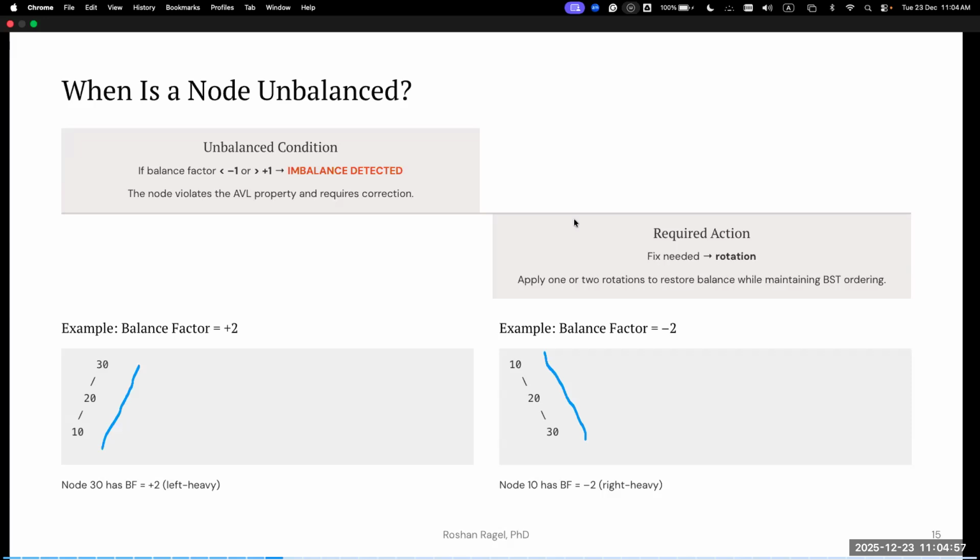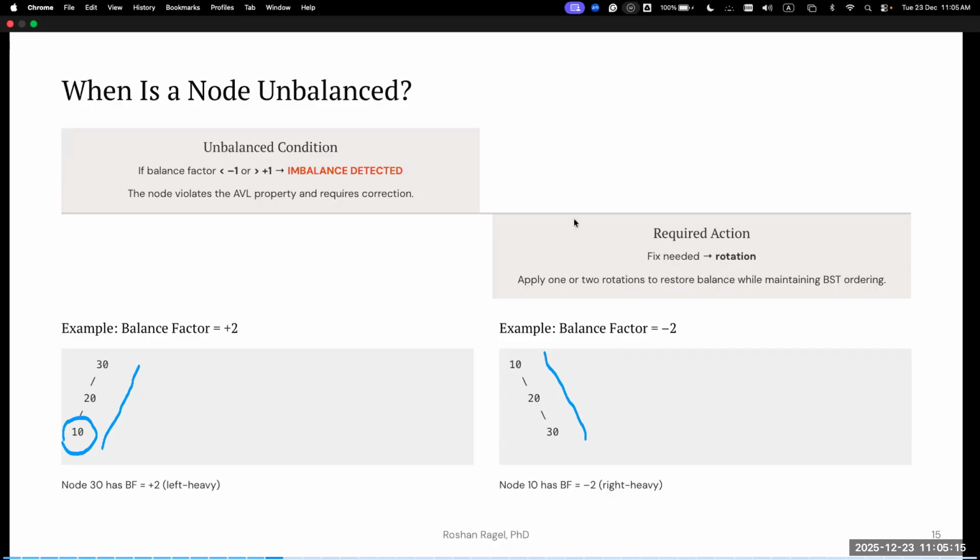Both of these trees are unbalanced because they have unbalanced nodes. Which nodes are unbalanced here? If you take this leaf node, the balance factor is 0 and there's nothing to unbalance, so it's a balanced node.